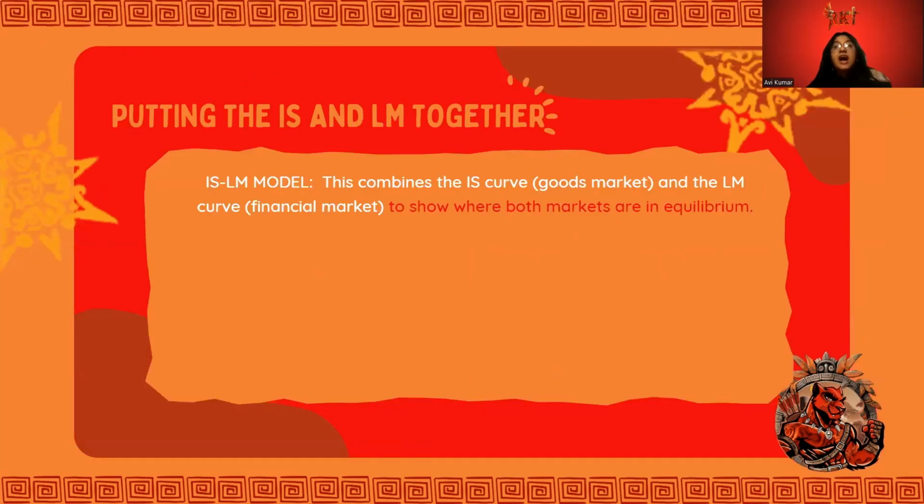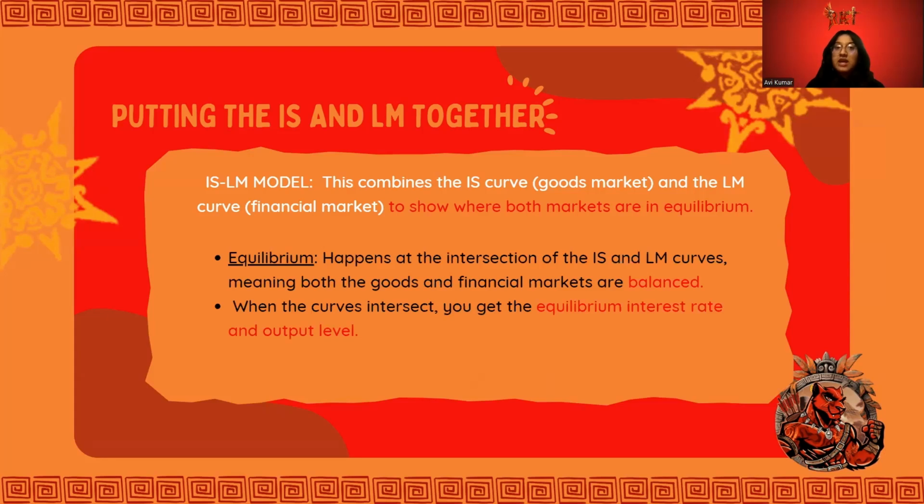Now, we put the IS and LM together. So this combines the IS curve, which represents the goods market, and the LM curve, which represents the financial markets, to show where both markets are in equilibrium. Now, this equilibrium happens at the intersection of the IS and the LM curve, meaning both the goods and financial markets are balanced.